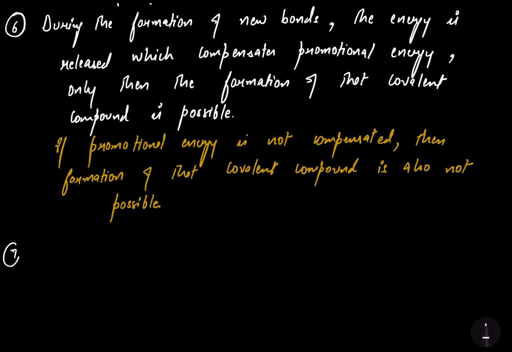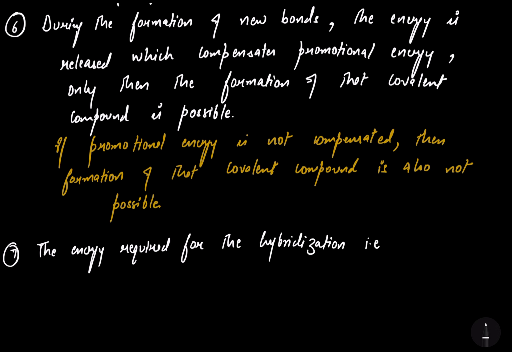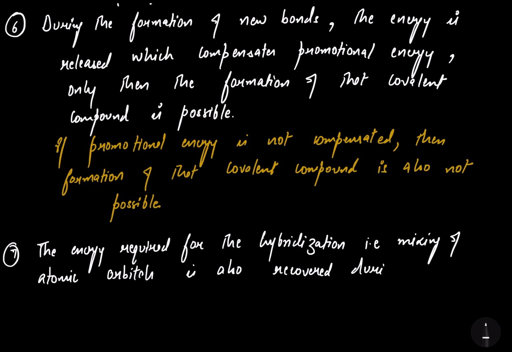The seventh one, the energy required for the hybridization, that is mixing of atomic orbitals, is also recovered during the formation of new bonds between hydrogen and carbon.